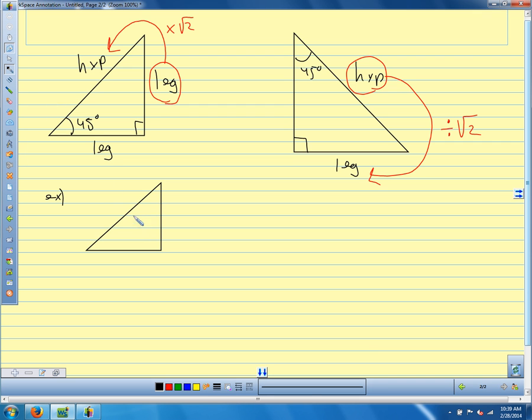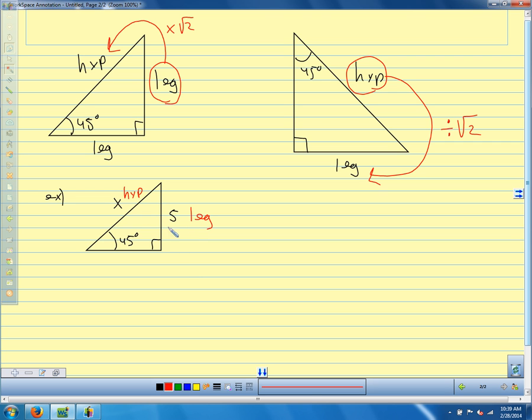So here's our triangle. All right, so what I suggest you do to help you out is let's label the sides. So is x the hypotenuse or the leg? Hypotenuse. It's across from the 90 degree angle, so it's the hypotenuse. So that's going to be the leg.